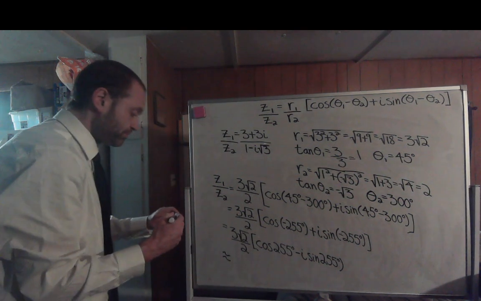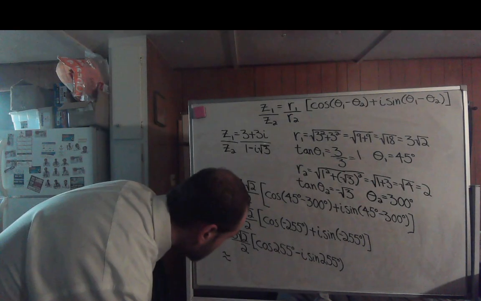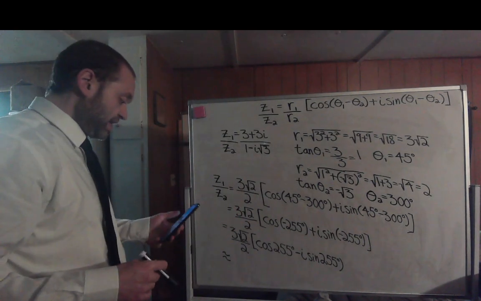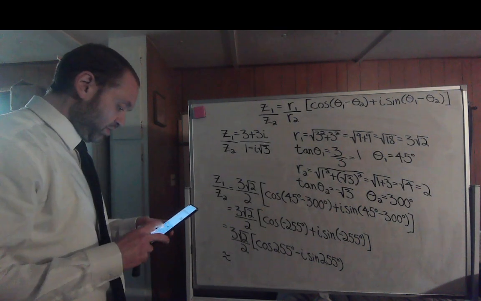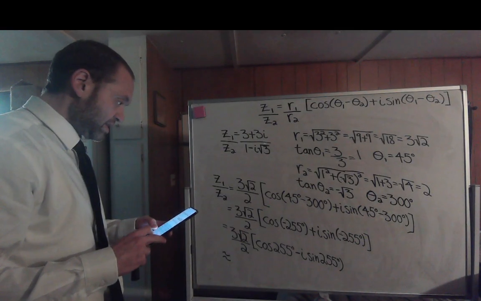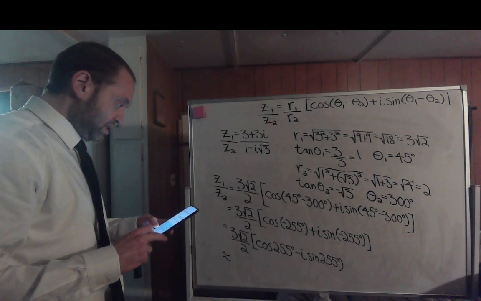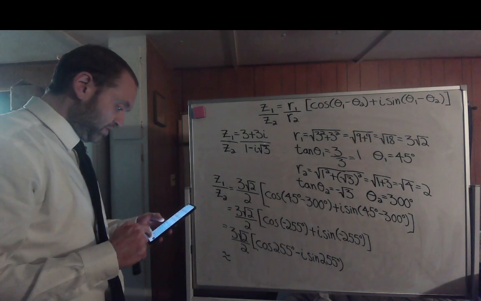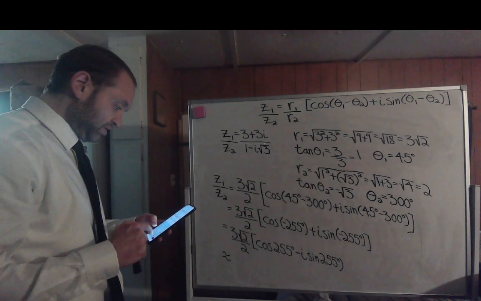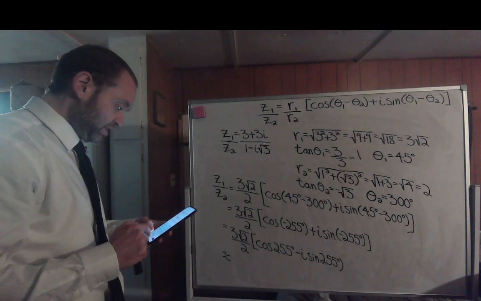So let's see what we get here for the cosine of 255 degrees. Take that times the square root of 2 times 3. Now divide that by 2.